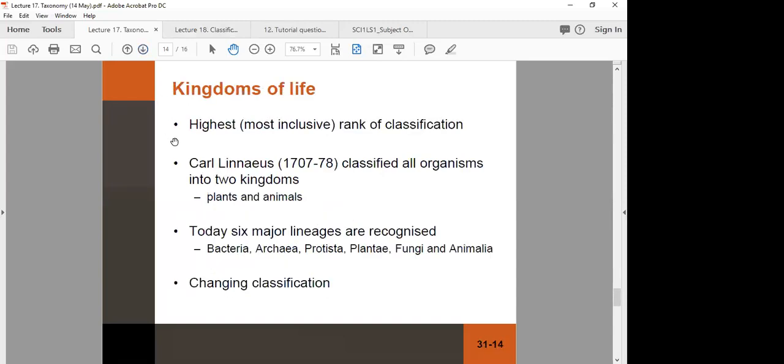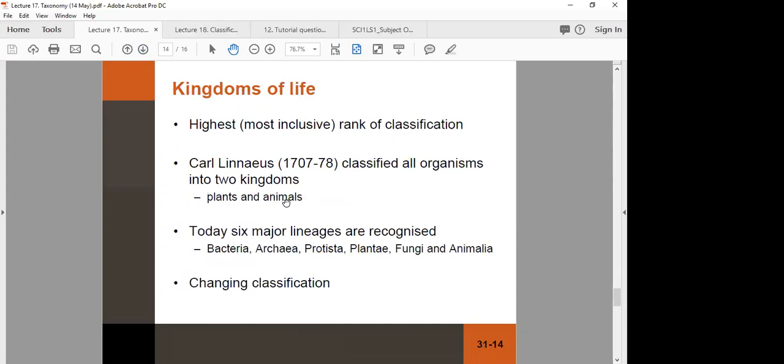All right, so the kingdoms of life. The kingdom is the highest, most inclusive rank of classification. In the 1700s, the famous naturalist Carl Linnaeus classified all organisms into only 2 kingdoms. These were plants and animals. And there was a 3rd kingdom also for minerals.